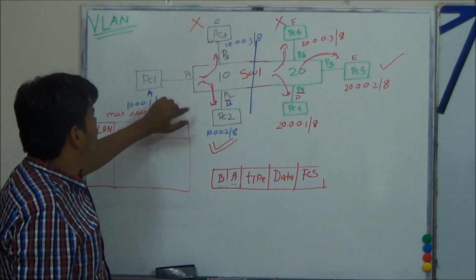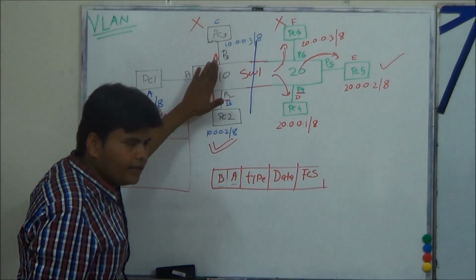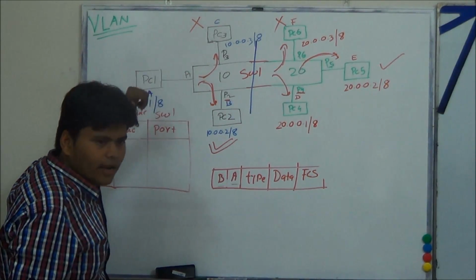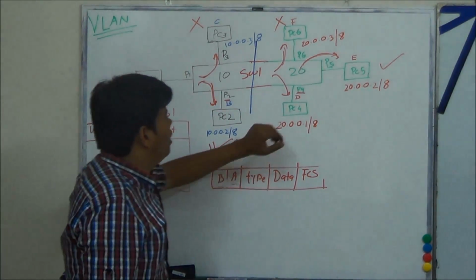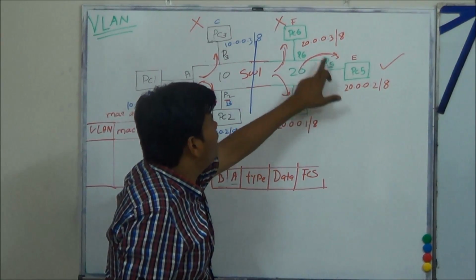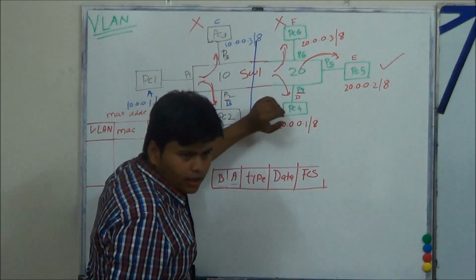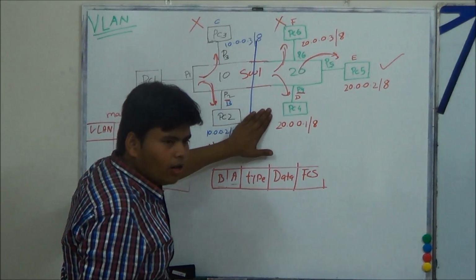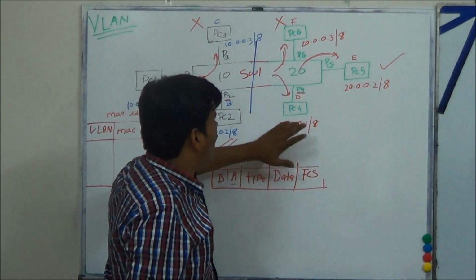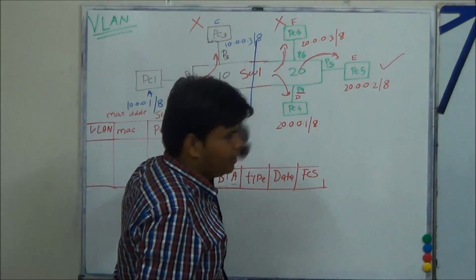So PC1 is also in VLAN 10, PC2 is also in VLAN 10 and PC3 is also in VLAN 10. Similarly, we configure ports P4, P5 and P6 in VLAN 20. So PC4, PC5 and PC6 are all in VLAN 20.